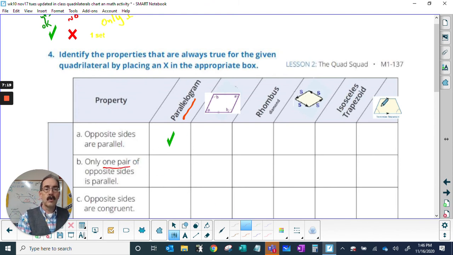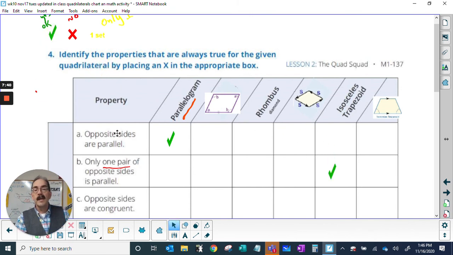No. Yes. Okay. Opposite sides are parallel. Rhombus? Yes, they are, aren't they? Yes.